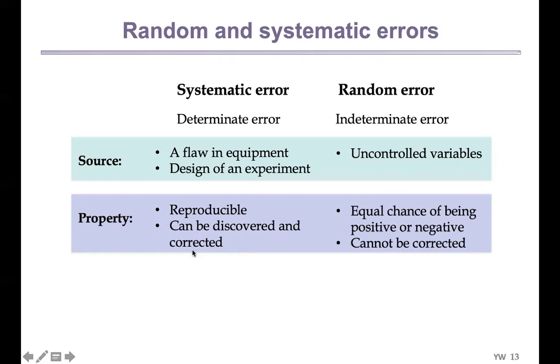This is actually why we have to do calibration, right? So when we're using a pH meter, we realize that it doesn't give you an accurate reading to the buffer solution, then we will have to do calibration with the instrument to make the value match the desired value, and then you use it for the unknown detection. Well, for random error, it has an equal chance of being positive or negative, and it cannot be corrected.